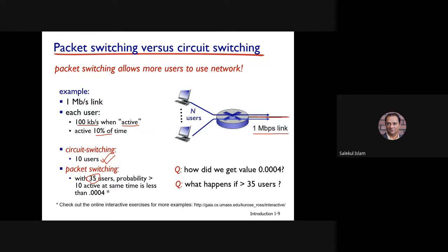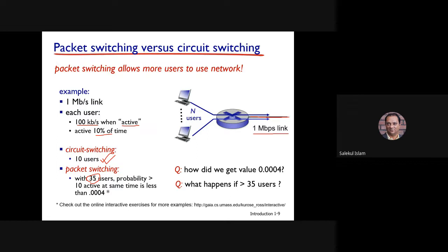Because it may happen that among those 35, only 2 are active, or maybe 7 of them are active, or maybe 12 of them are active, or maybe all 35 are active, or maybe nobody is active. Anything is possible.